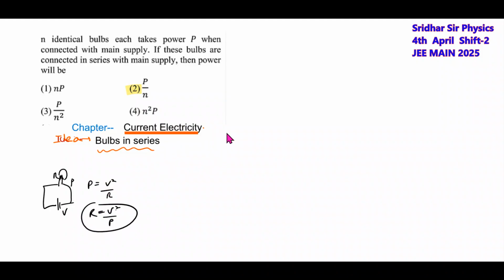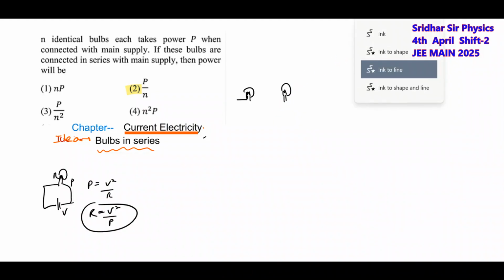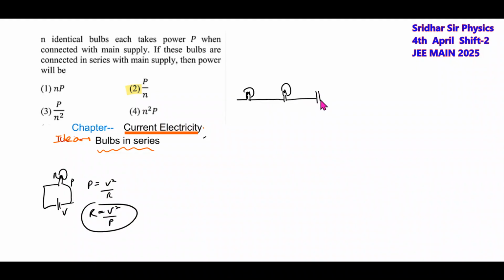Now if these N bulbs are connected in series, like this, there are N number of bulbs.